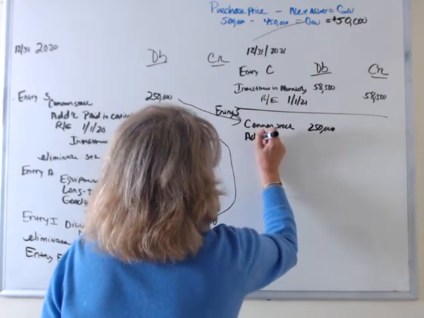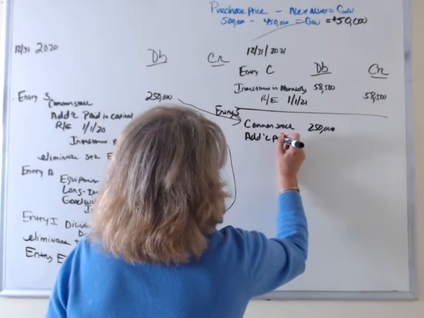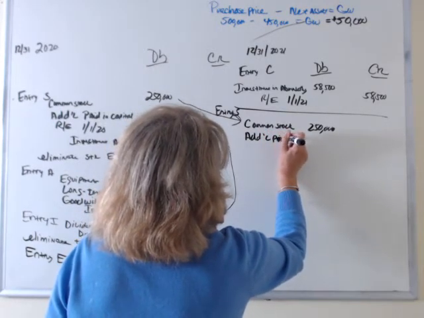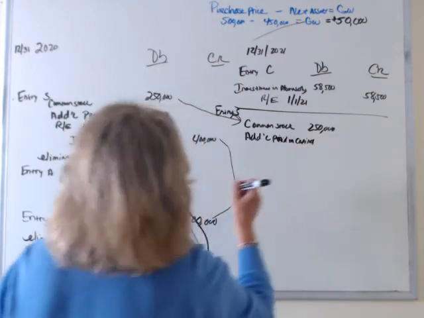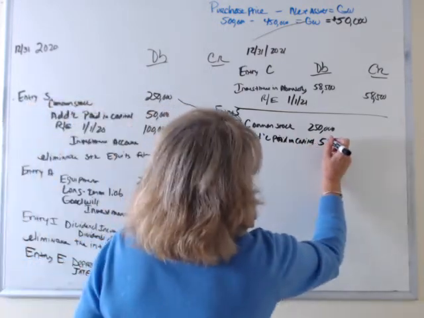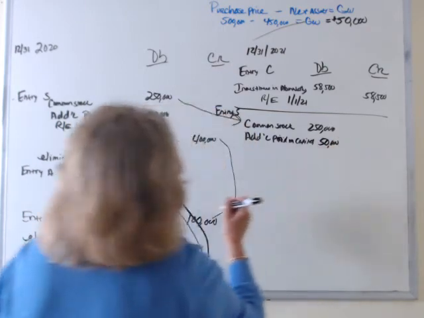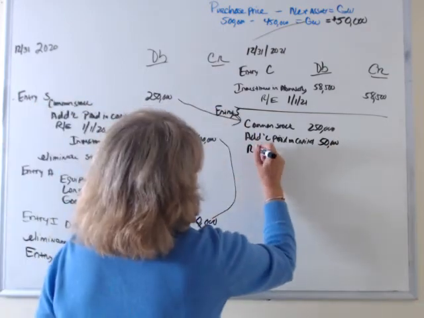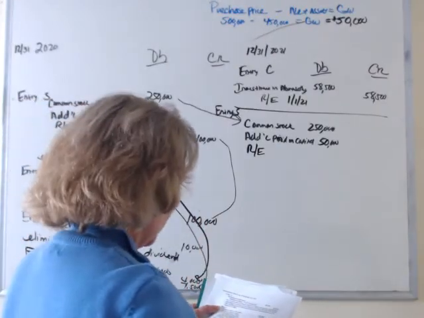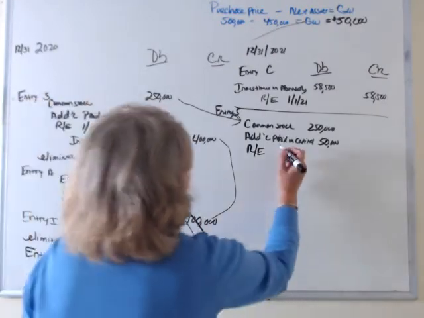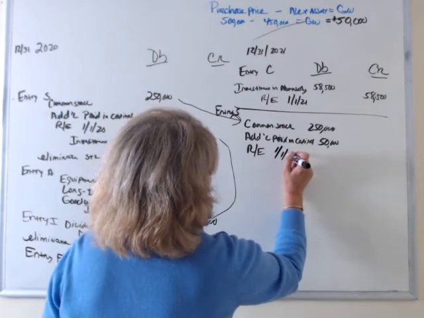Additional paid-in capital, $50,000. Then I have retained earnings. Okay, retained earnings. This is for 1/1/21.